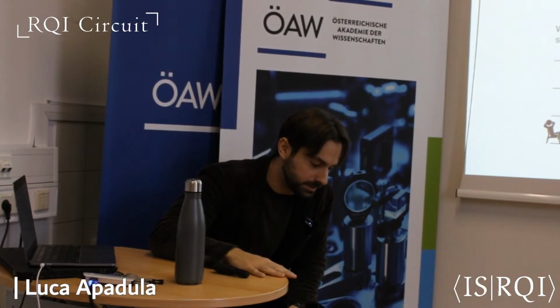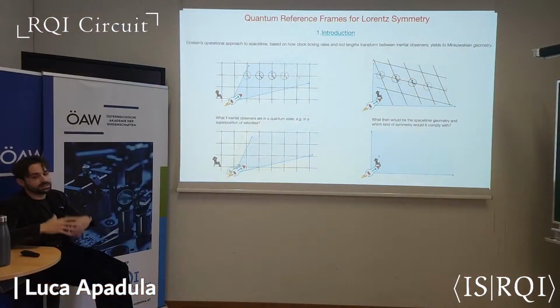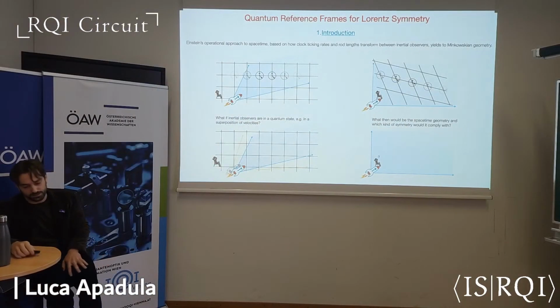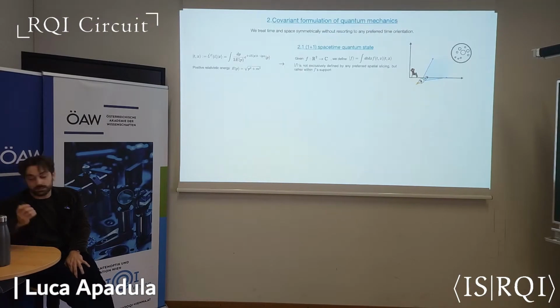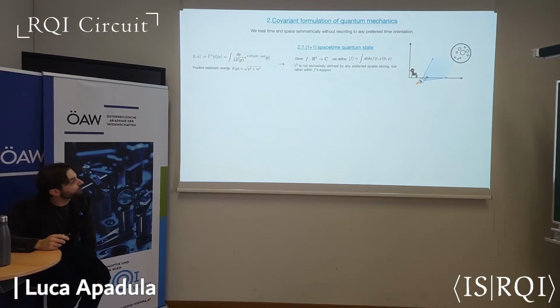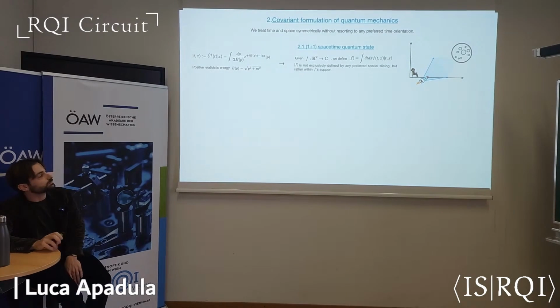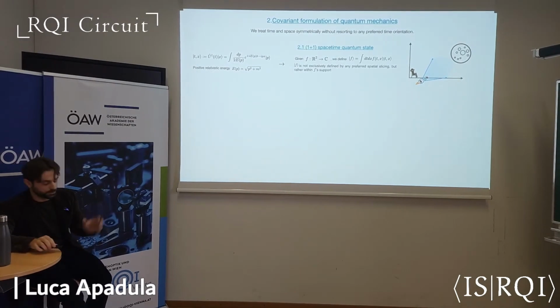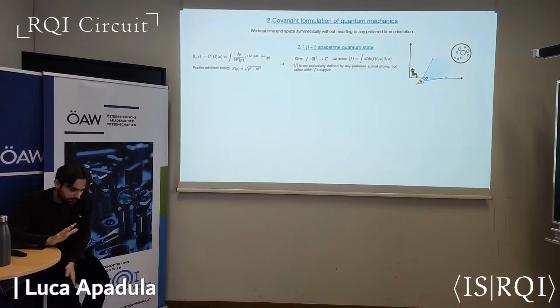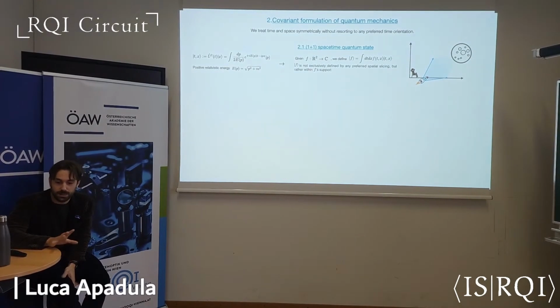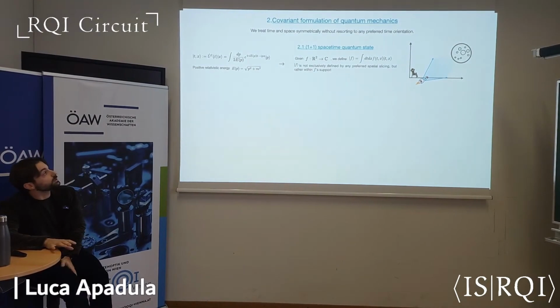Then more precisely, what would be the implied geometrical structure that complies with this extended notion of covariance? The next slide is a bit formal, but the only thing I want you to take from it is that first we wanted to use a covariant formulation of quantum mechanics, which was already introduced by Carlo Rovelli, if I'm not wrong, in the 90s.